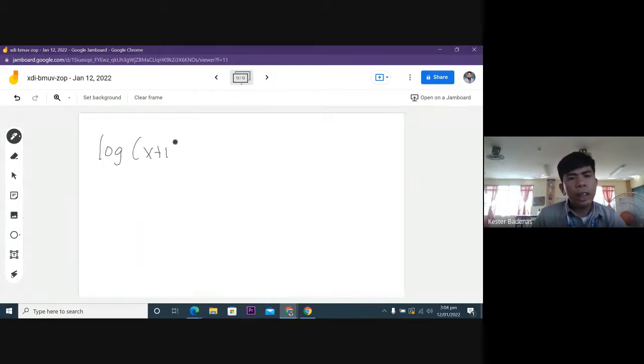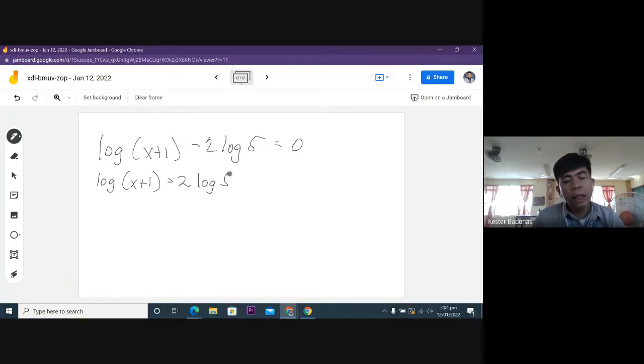What if, sir, yung isa yung ginamit? Ayan. So, lipat natin sa kabila. Logarithm of x plus 1 is equal to 2 logarithm of 5. Positive na kasi yung negative, di ba? Negative dito, paglipat positive. Akyat natin yung 2 kasi bawal nga mag-cancel yung logarithm na may base 10, di ba?